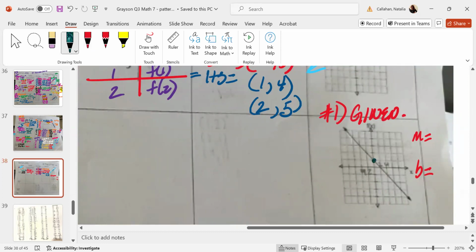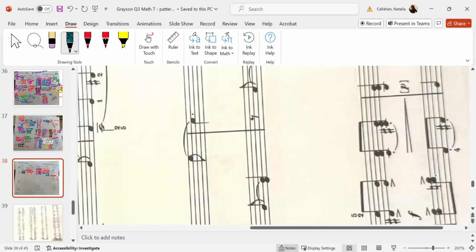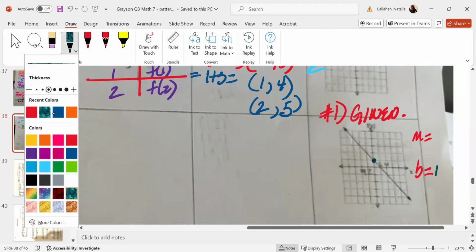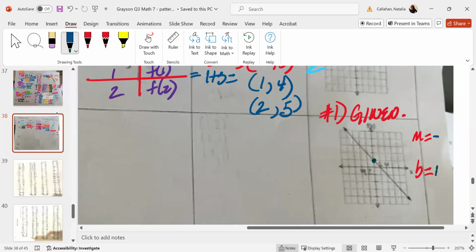Did you point to that point right there? 1, correct? Positive slope or negative slope? Going downhill. Yep, the negative. So then what you need to do is take a look. Do you see how the corner of the square is going from here to here, here to here, here to here? You're going down 1 over 1. So it's a negative 1.